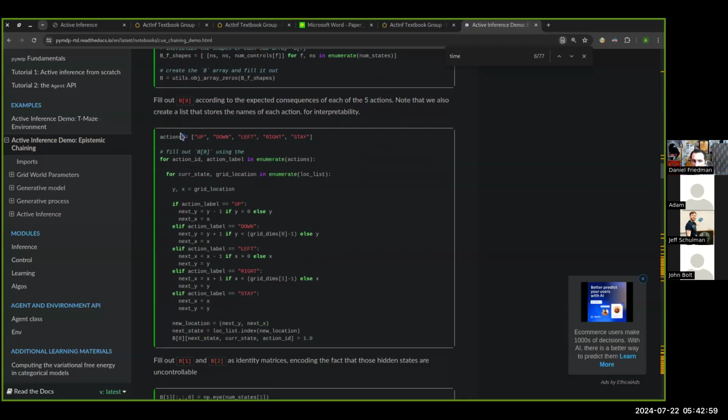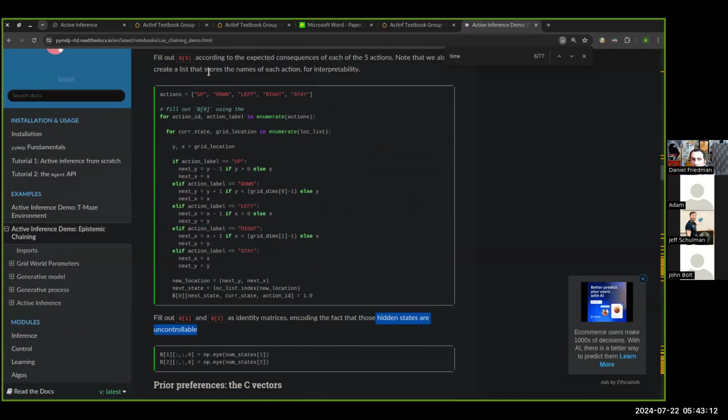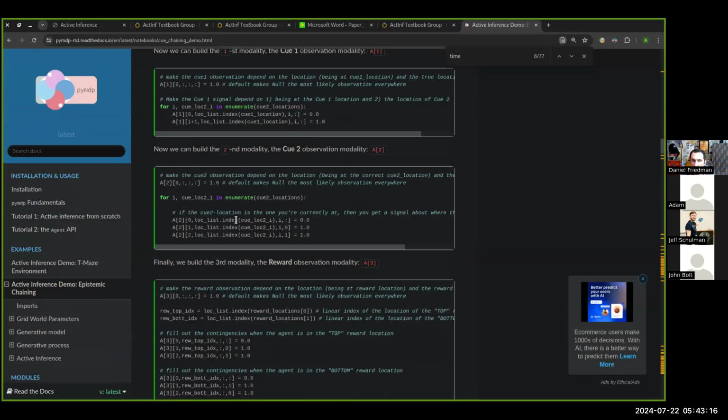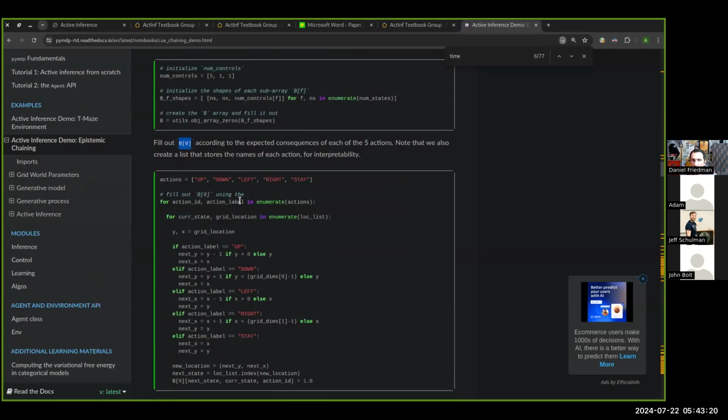So here's where we see the actions having an impact in terms of different B slices that can get pulled out. In B0, which is location, just like A0 was location, we have efficacy of actions.